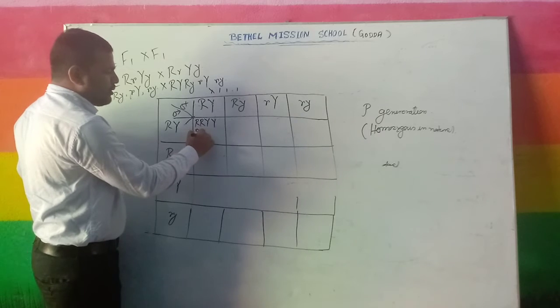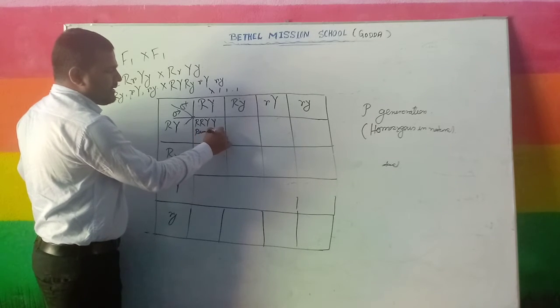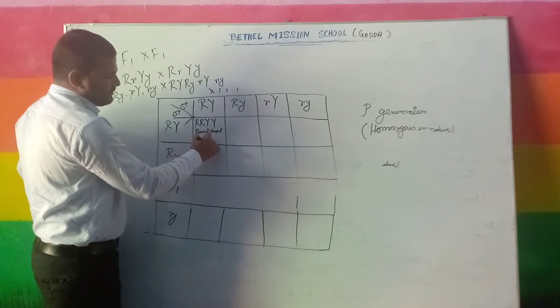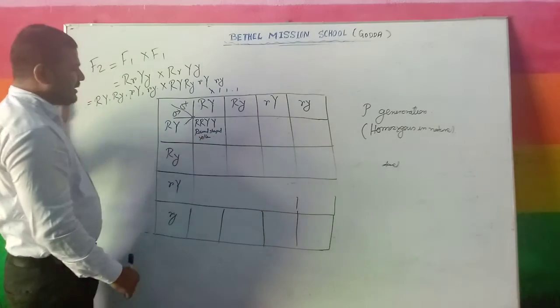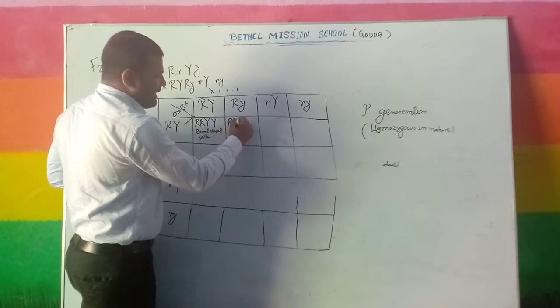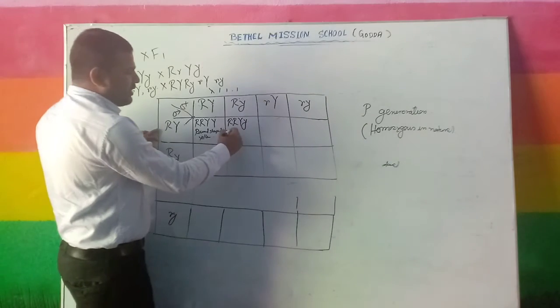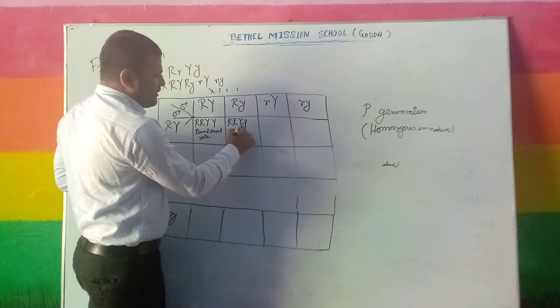This is the pure round shaped yellow colored seed. These are going to fertilize this one: capital R, capital Y, small y. These are also round shaped yellow color.